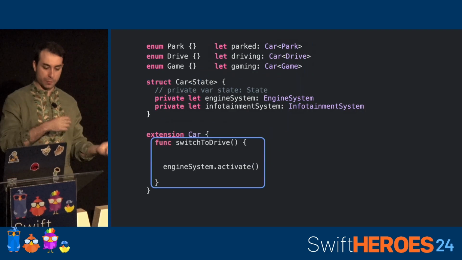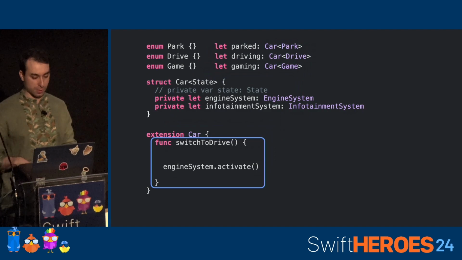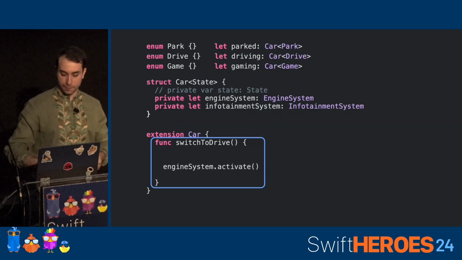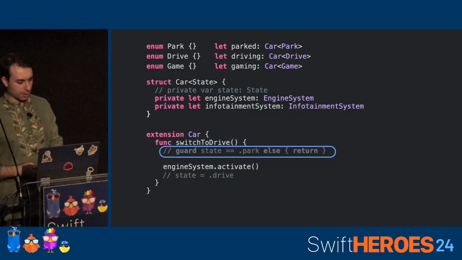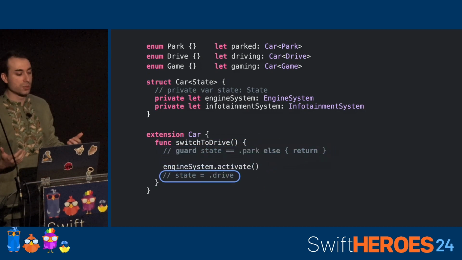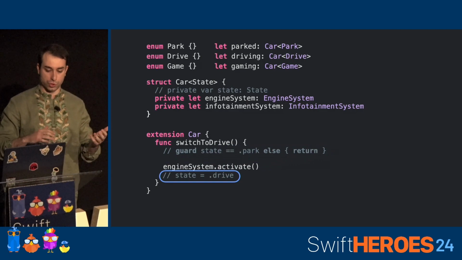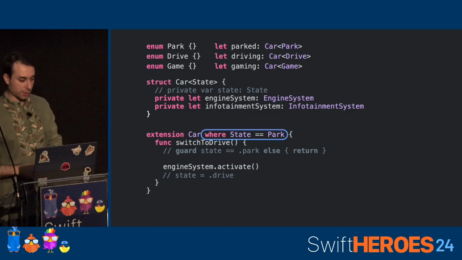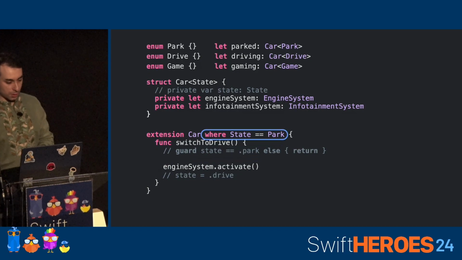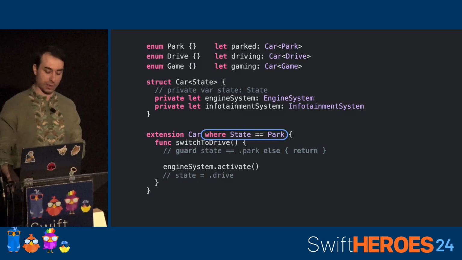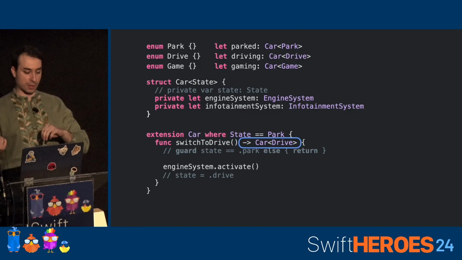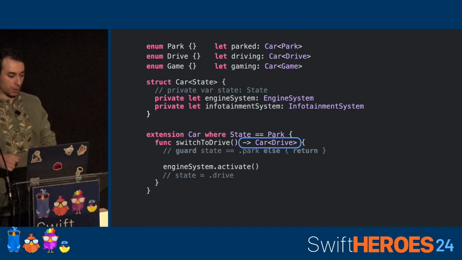So now, let's re-implement our four functions. In order to switch to drive, we obviously tell the engine to start. But how do we check the states? We can't use the state variable to check and reassign a new value. Instead, we use generic constraints. So we only create this function switchToDrive when the car is in a park state. And in order to transition to the new state, we must return the new car of a different state.